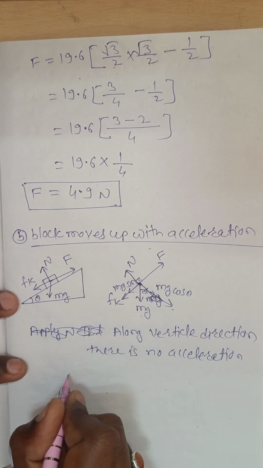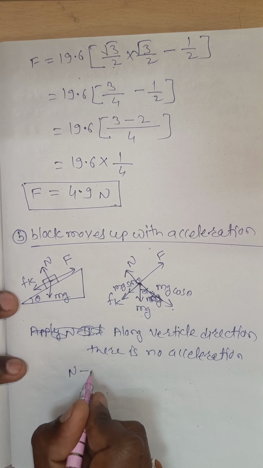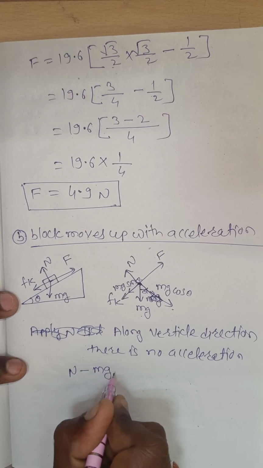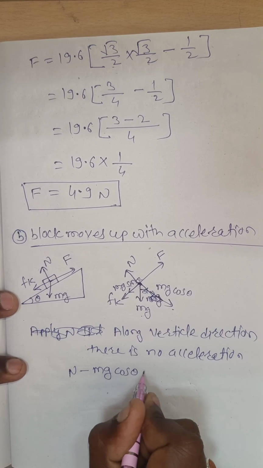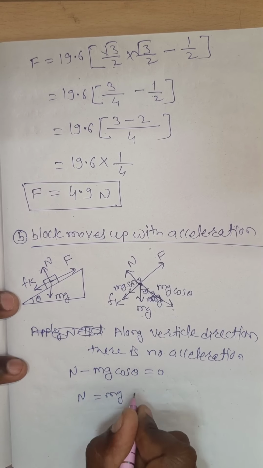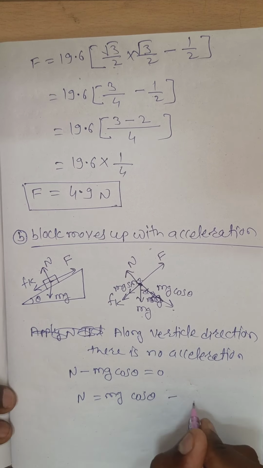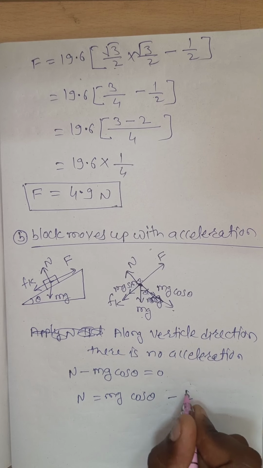That is, N is in the positive direction, and mg cos theta is in the downward direction. Therefore N minus mg cos theta equals 0, so N is equal to mg cos theta. We treat this as equation number 2.